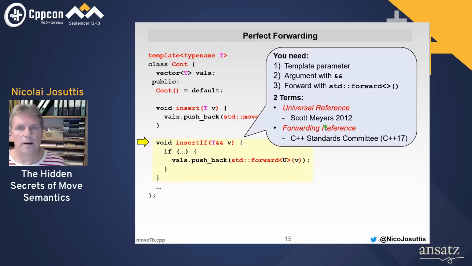Even worse, universal reference is probably the better term. I will tell you about that in a moment. So it seems we have a universal reference, a forwarding reference, template parameter T, argument with two ampersands, std::forward<T>. So we should perfectly forward the argument if it has move semantics, otherwise we should not.